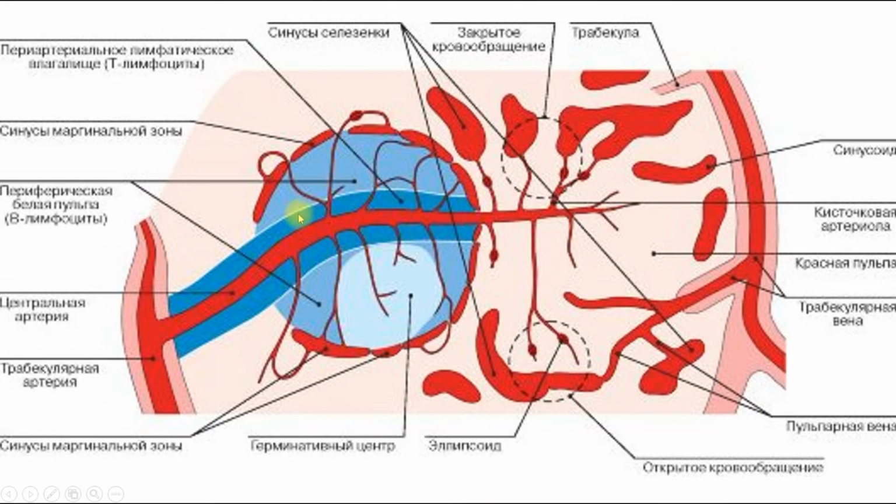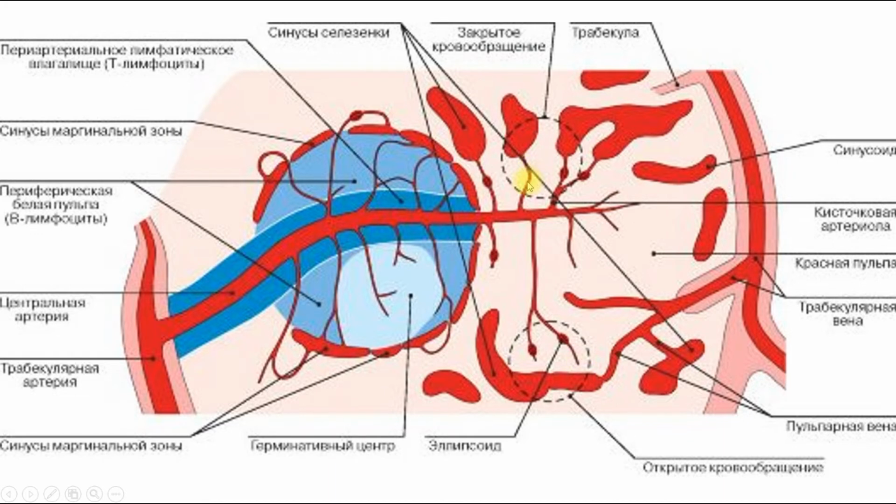Here are its periarterial zone, its germinal center, its mantle and marginal zone, and this artery exits from the follicle, and then it may be continued by sinuses. It enters the sinuses, very wide capillaries, or blood freely goes into the pulp of the spleen. That's why we have 2 types of blood supply of the spleen.